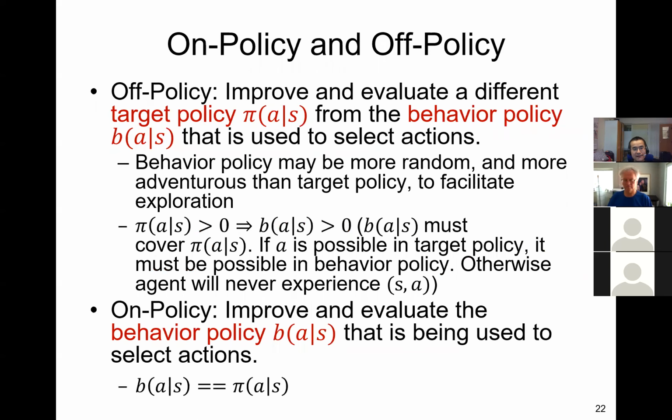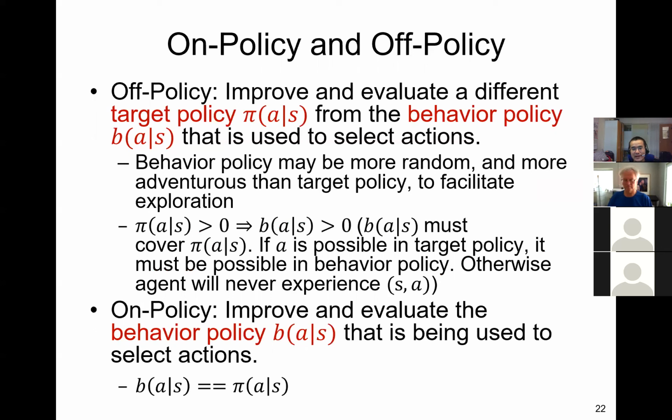So what's off-policy? It means that you improve and evaluate a different target policy pi from the behavior policy b that's used to select actions. The behavior policy may be more random and more adventurous than the target policy to facilitate exploration.